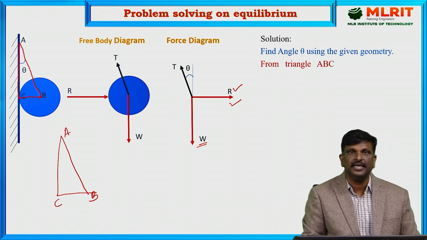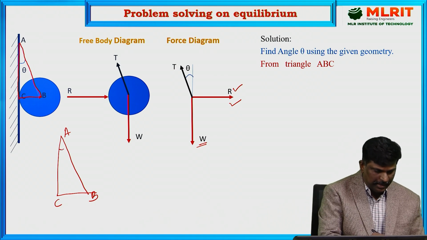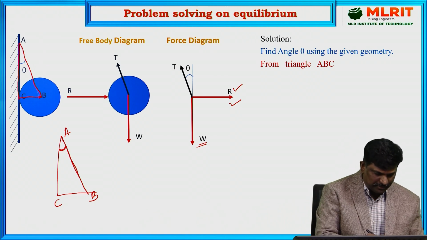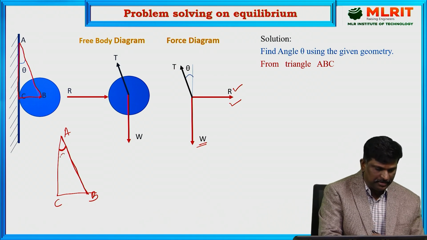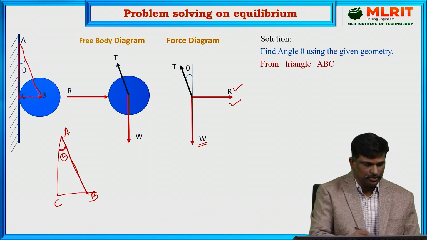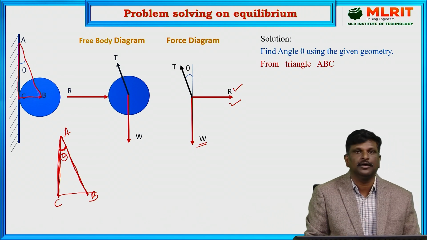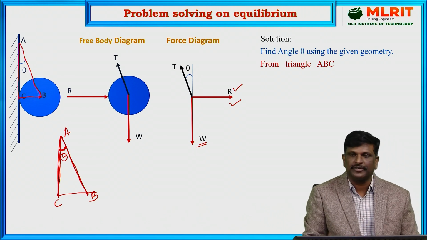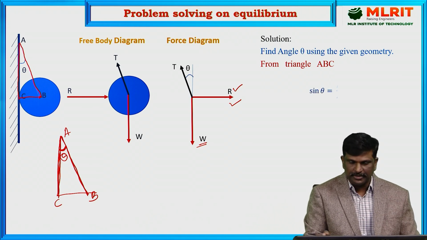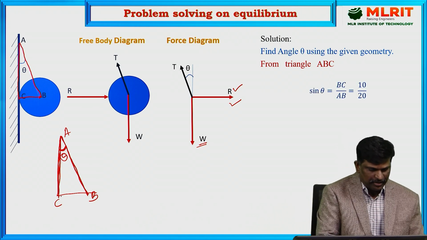In the right angle triangle, the angle made by the string, which is nothing but AB, is theta with respect to vertical. Let us find this theta value by using the triangle properties. Take sin theta. Sin theta is equal to opposite side divided by hypotenuse.